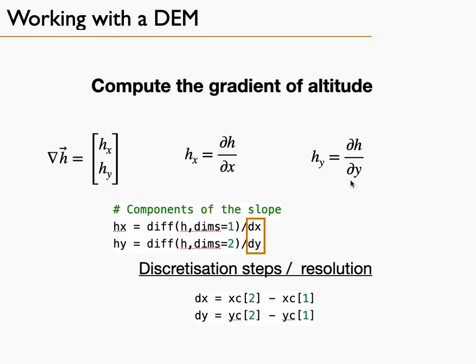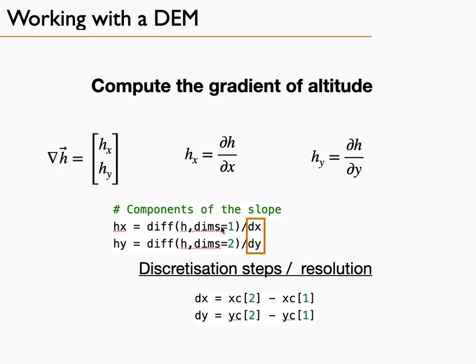In short, one can use a simple function called diff that exists in MATLAB, Julia, or Python, which will help you to compute differences between 2 points. So diff of h, dims equal 1, divided by dx will give you an approximation of the slope component hx.